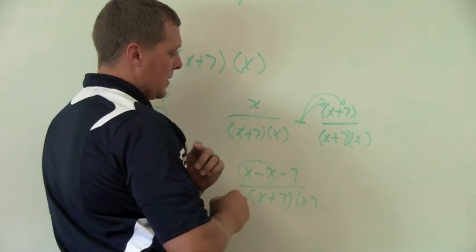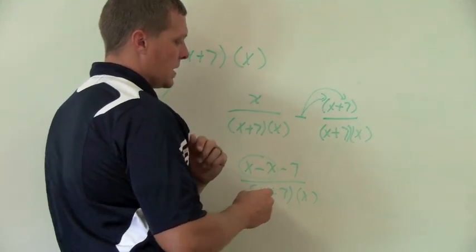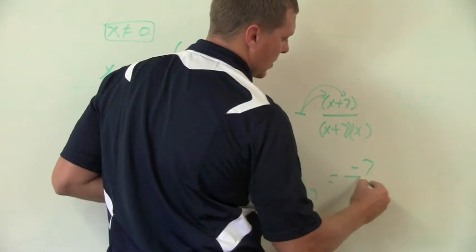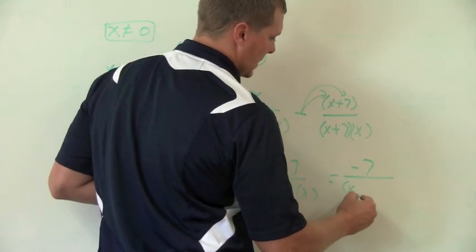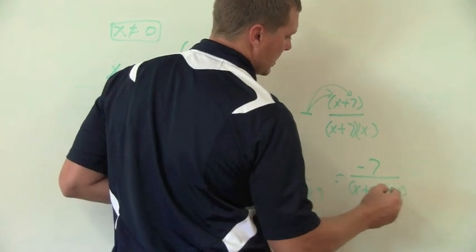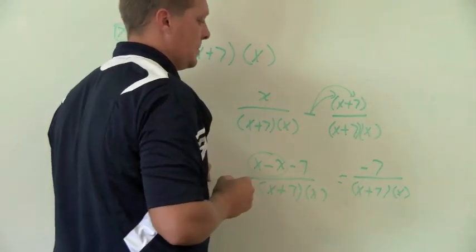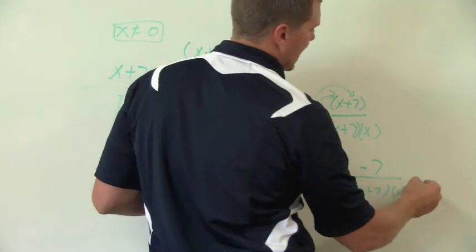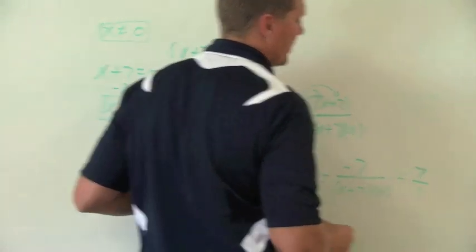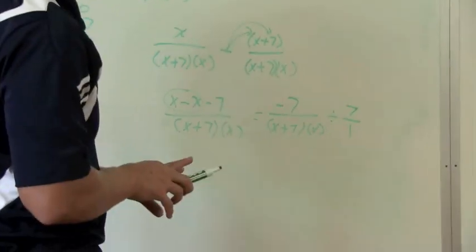These two can combine together. x minus x is 0, so we end up with negative 7 over x plus 7 times x. Now, that was our top. We're dividing that by 7, and if we write 7 as a fraction, that's 7 over 1.